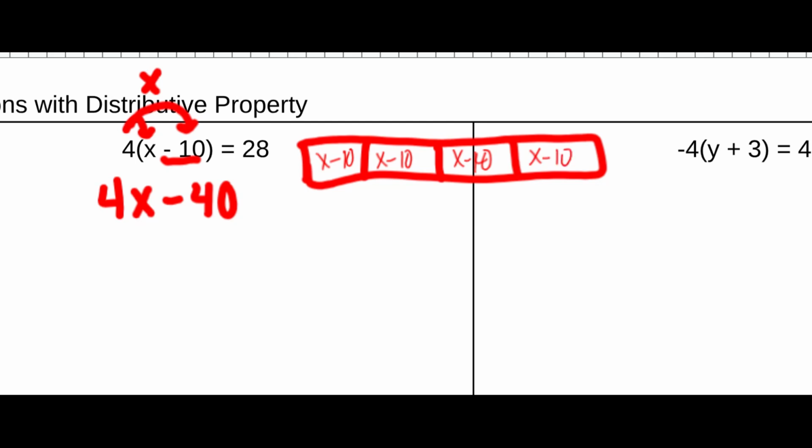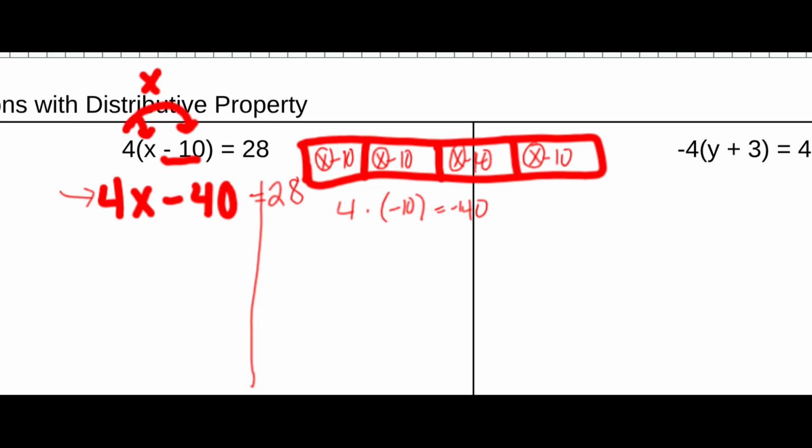It means there are 4 groups of x minus 10. So we have 4 x's, which everyone is comfortable getting. That's how we get to this 4x. But then we also have 4 minus 10s. So 4 minus 10s is what gives us that -40. All right, then that's going to equal our 28 here.